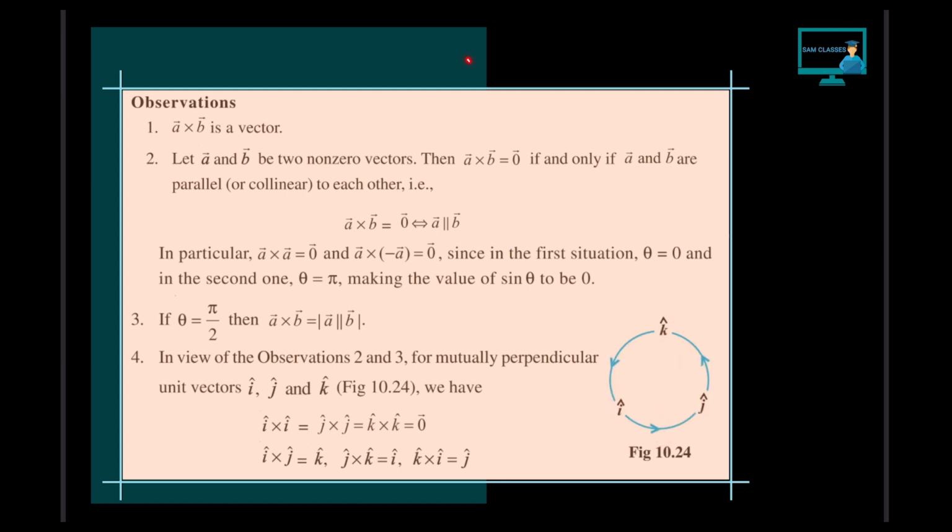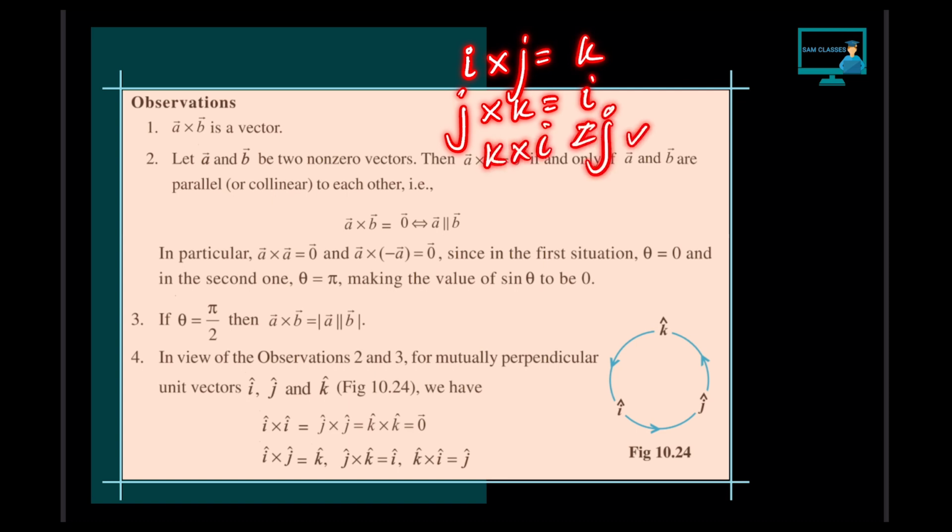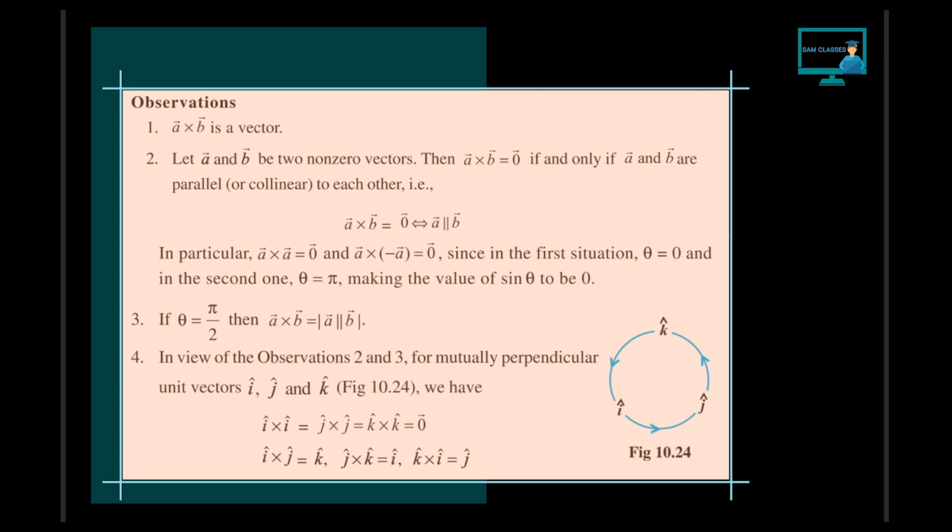So this is the relation: i cross j gives k, j cross k gives i, and k cross i gives j. That's it. If I do a reverse, I'll get a minus. So if i cross j is equal to k, then j cross i is equal to minus k. That's it, simple. Clear? Don't do any wrong. And i cross i, j cross j, and k cross k is a zero vector. We already discussed.